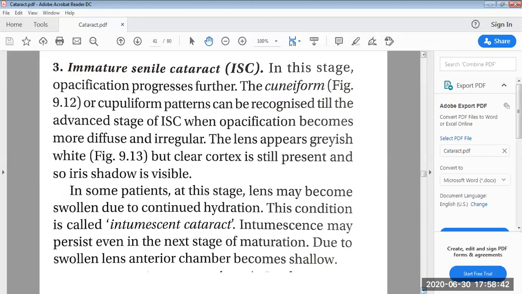The lens appears grayish white, but clear cortex is still present, so iris shadow is visible. In some patients at this stage, lens may become swollen due to continued hydration. This condition is called intumescent cataract. Intumescence may persist even in the next stage of maturation. Due to the swollen lens, anterior chamber becomes shallow.